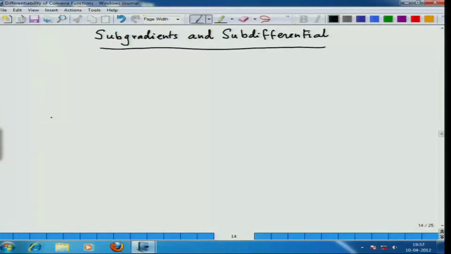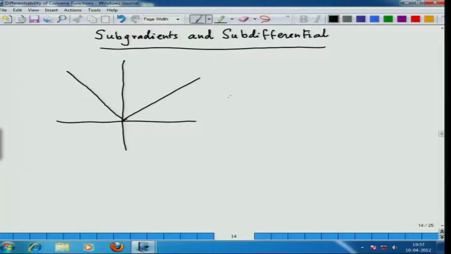If you remember, in the last lecture I had asked you a question. The question is simple, though maybe the answer might not be. Consider the function f(x) = |x|, where x is a real number.